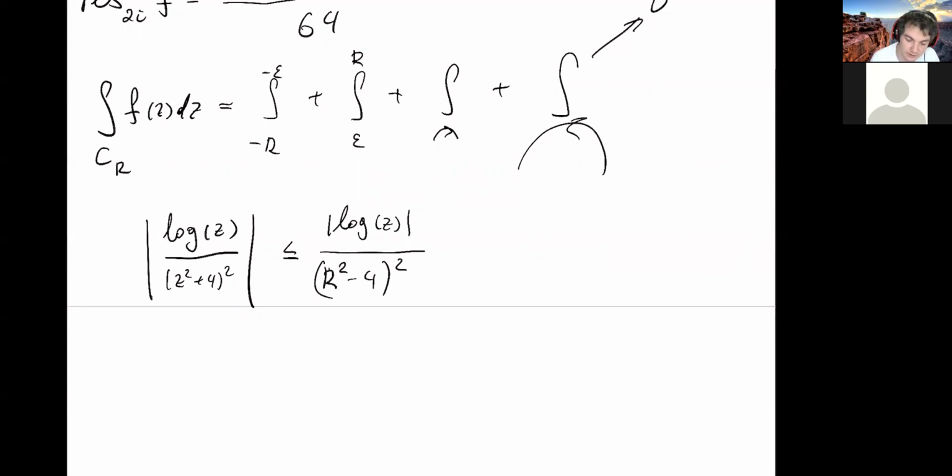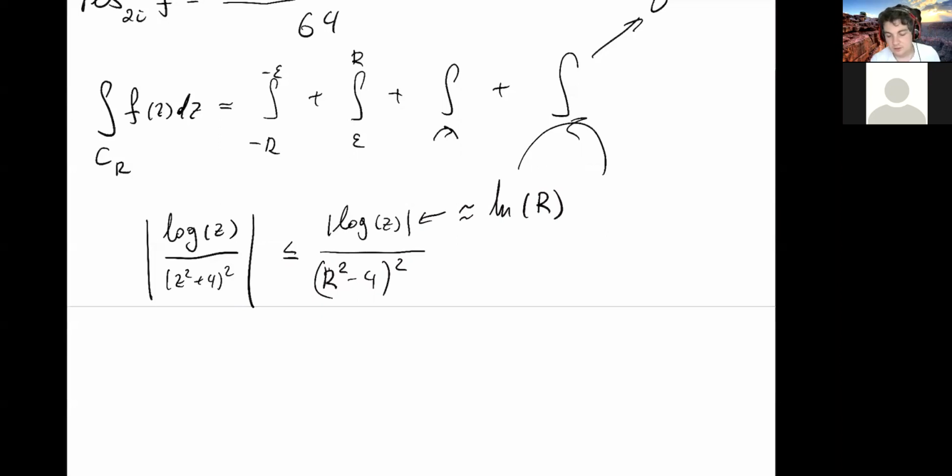So no matter how I estimate this, and I actually want to leave it as an exercise, or you can see it in the book, it will be something like the natural log of r. And the power will beat the natural log of r.